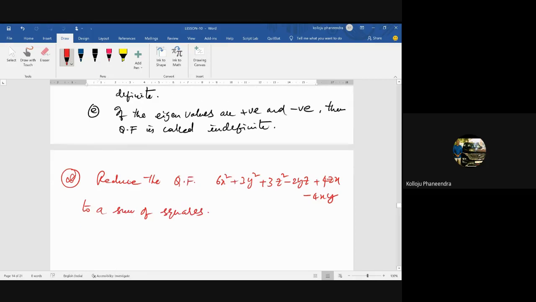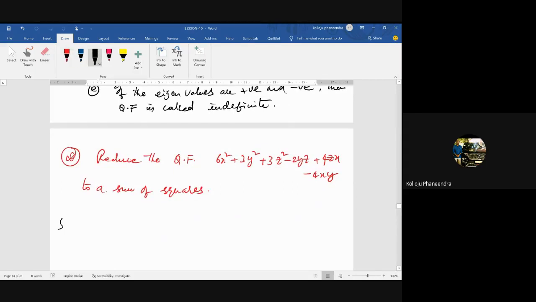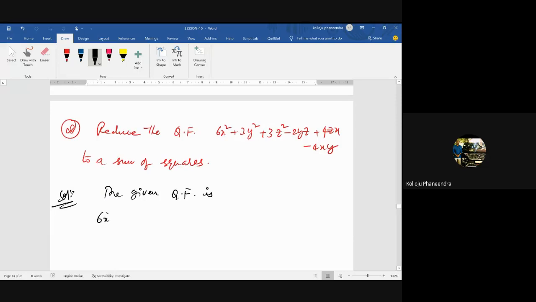And we have to discuss all the properties again. Solution. The given quadratic form is 6x square plus 3y square plus 3z square minus 2yz plus 4zx minus 4xy.